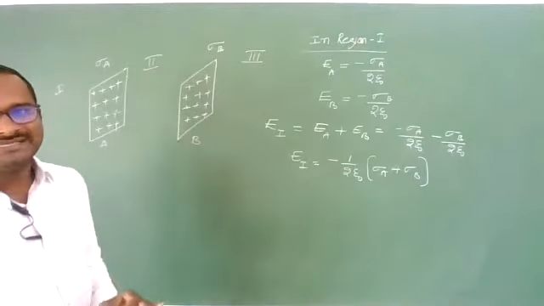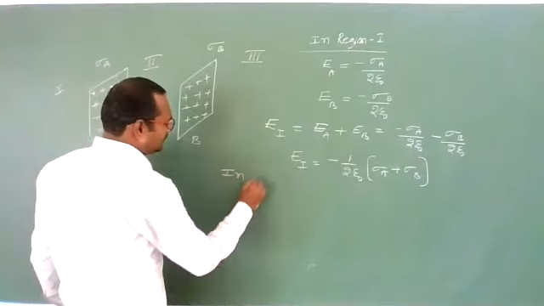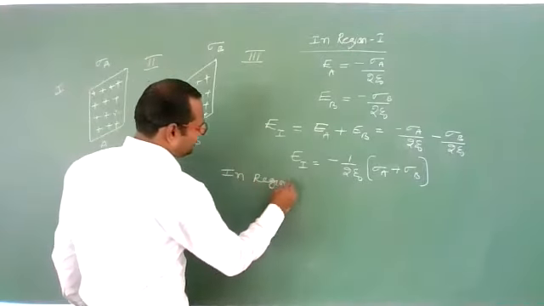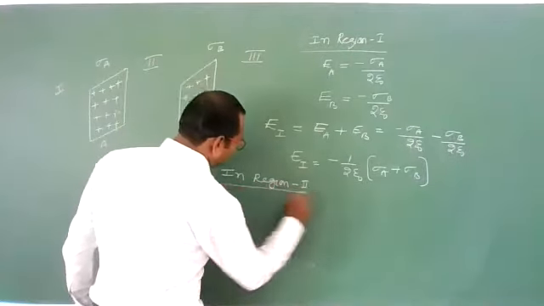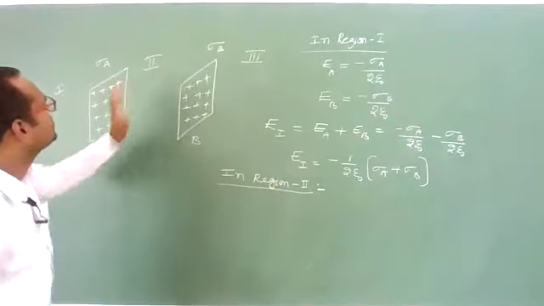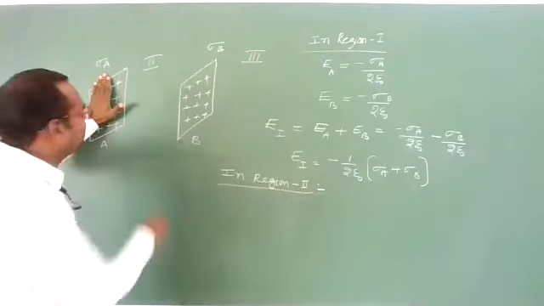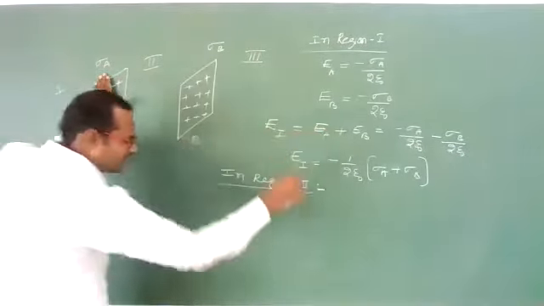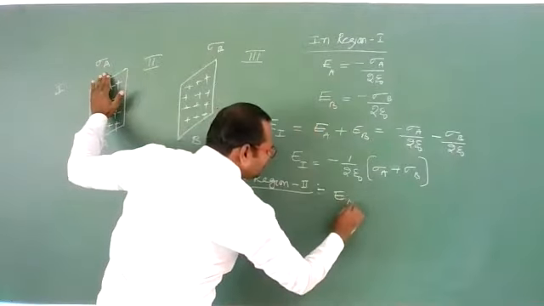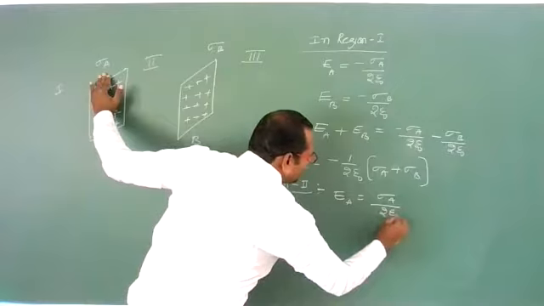Okay, now let us see in region 2, the second region. I want electric field here due to both the sheets. Now electric field due to sigma A, which direction? Here I want is in this direction. So electric field due to sheet A is sigma A by 2 epsilon naught.